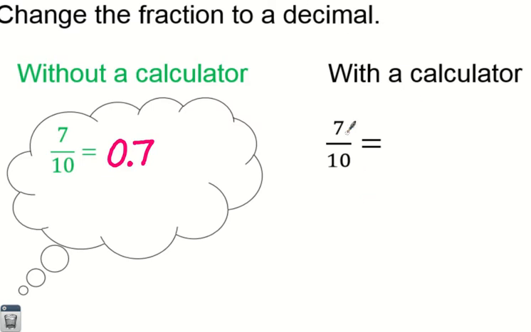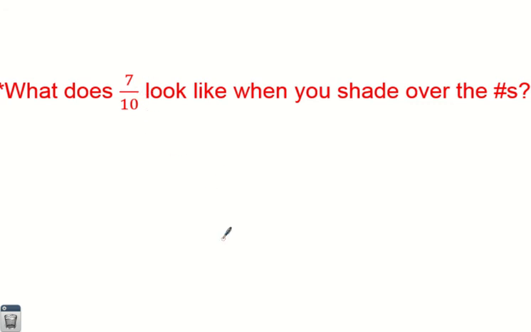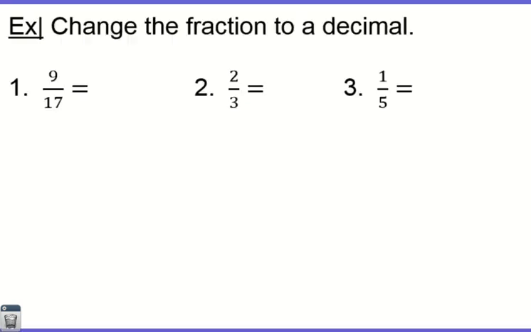So you could just do on your calculator 7 divided by 10, and it'll give you 0.7. If you shade over the numbers, the numerator and the denominator, doesn't a fraction basically look like a division sign? I've got to give Mrs. Clute credit for this. So again, the point is, fraction is division.